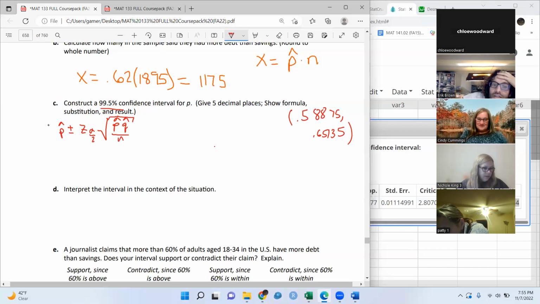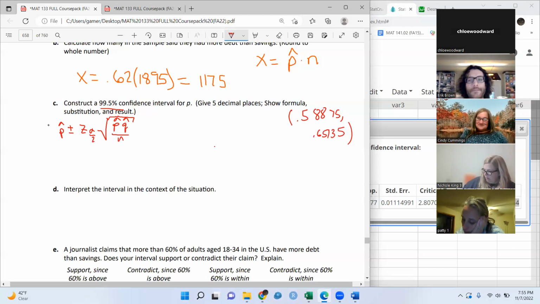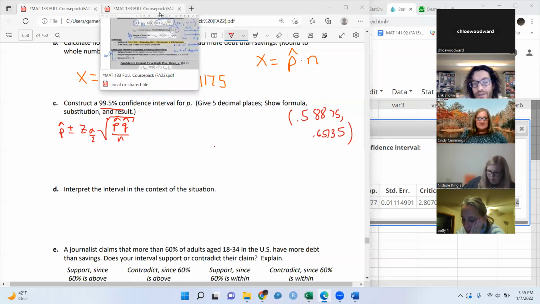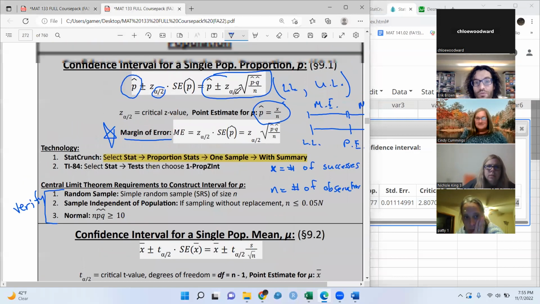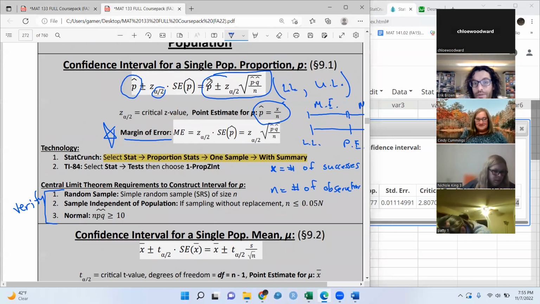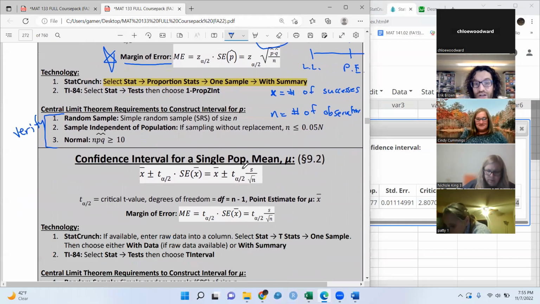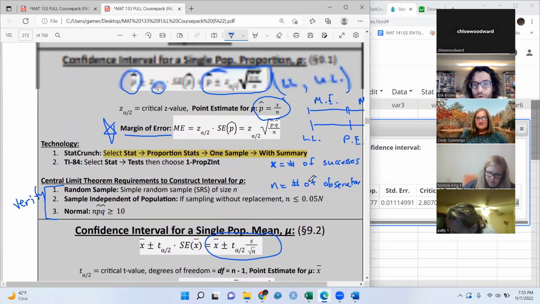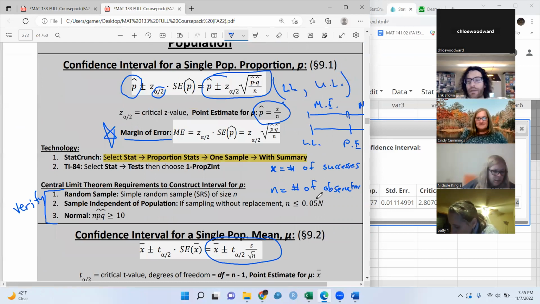So I think the question is, is there value in writing this formula down? Let me show you the other formula you're going to have to pick between the two. To me, that's the one argument for why having you write the formula down is useful, because this formula for p hat looks kind of similar to this formula for x bar. So if we force you to write the formula down, it's another chance for you to catch: am I doing the right statistic?